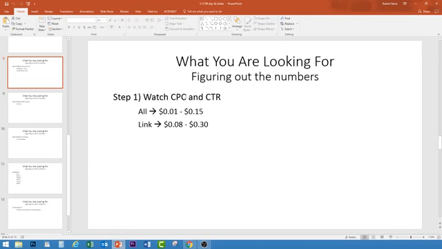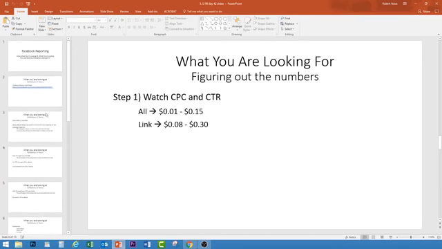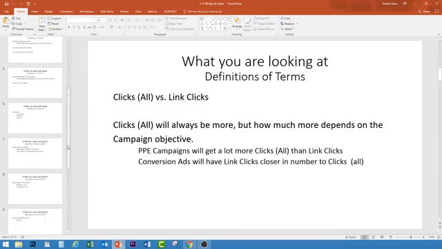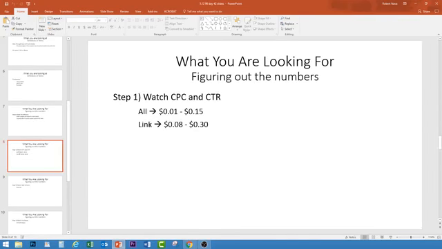You're going to watch your cost per click and your click-through rate. Remember, we talked up here about your different types of clicks, right? We have link clicks and clicks all. Well, those numbers, how many clicks you have and how many link clicks you have, also have costs associated with them.